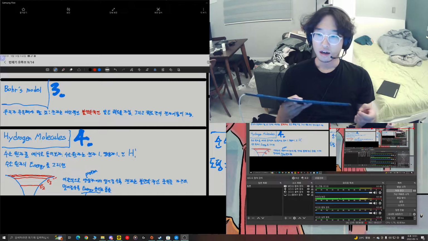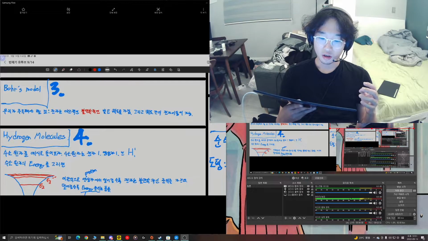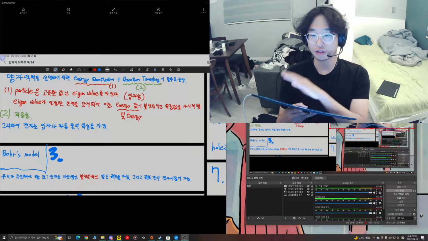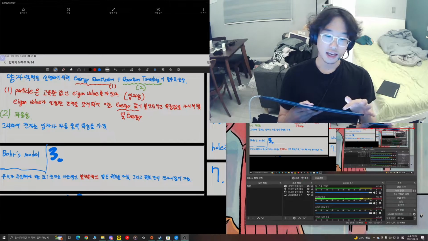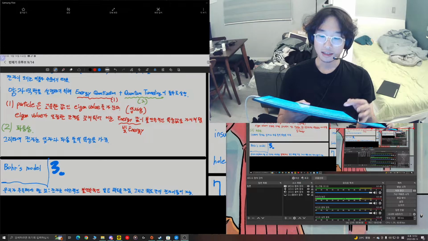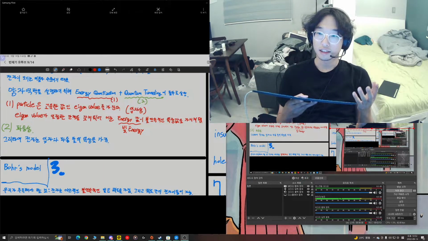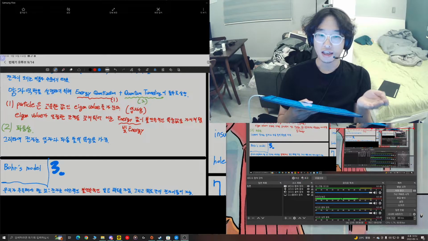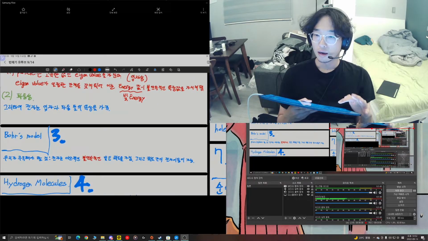For example, when we use Bohr's model, the particle, we can use energy quantization for explaining Bohr's model, because a particle has an eigenvalue, so the light energy can have a discontinuous eigenvalue.